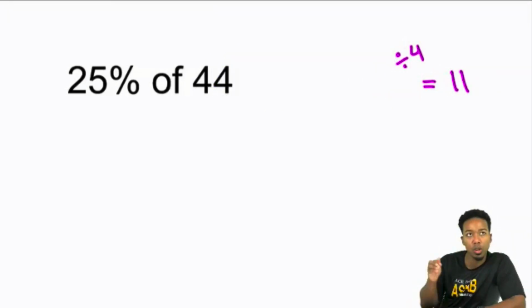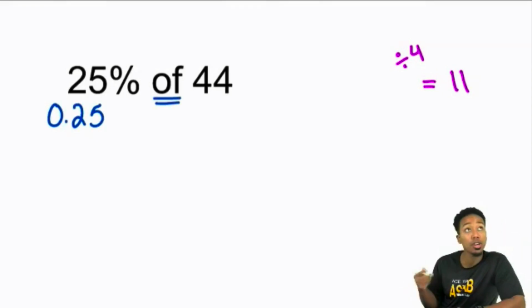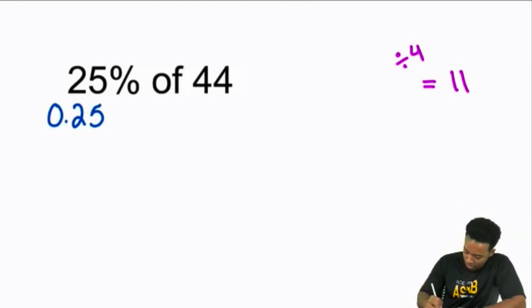Everybody, the 25% turns into what as a decimal? 0.25. So I'm going to go ahead and write that there. Everybody, the word of turns into what? Multiplication, correct. 44 stays the same.